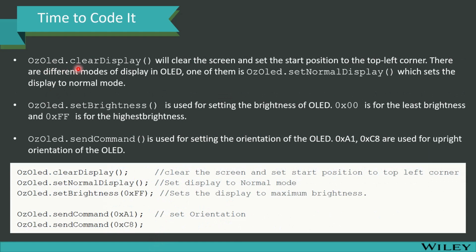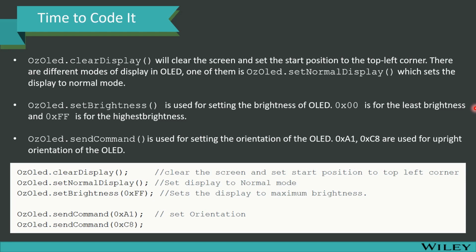OzOLED.clearDisplay will clear the screen and set the position to the top left corner. There are different modes of display in OLED. One of them is OzOLED.setNormalDisplay, which sets the display to normal mode.